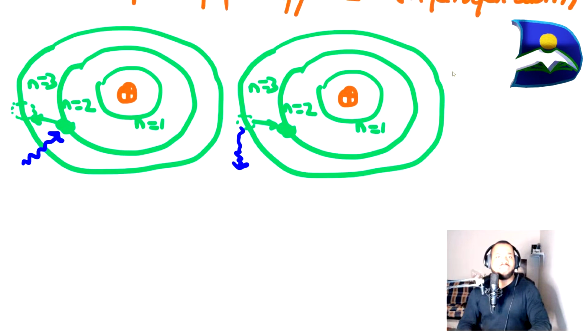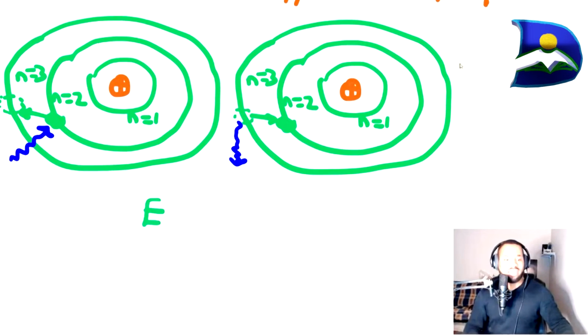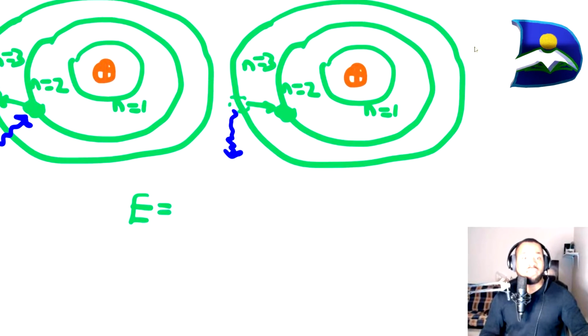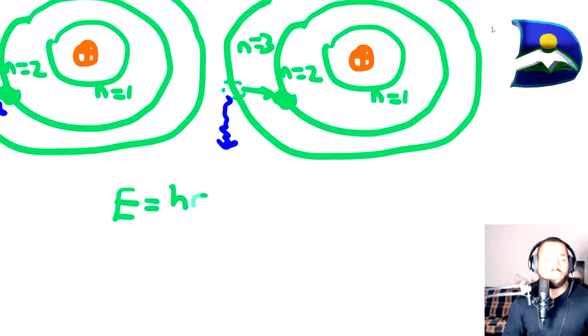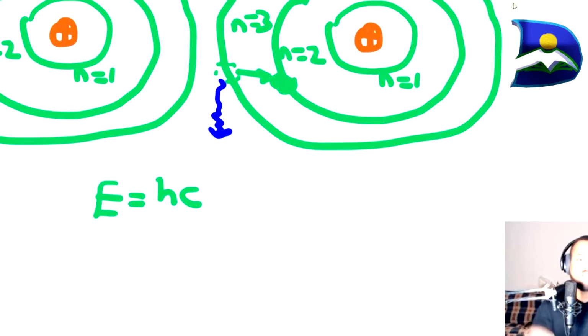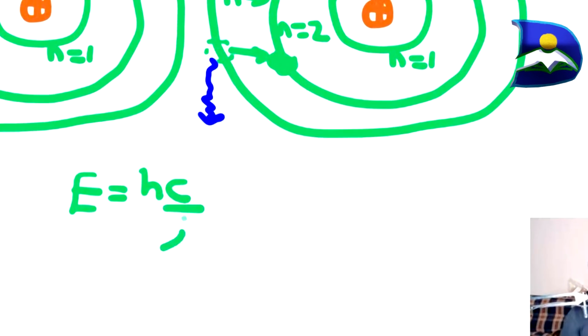So looking at this, Bohr came up with the idea that, hey, to determine that much energy, you need to know this relationship through the emission spectra, that the energy required is equal to h, the Planck constant, multiplied by the speed of light, over the wavelength.